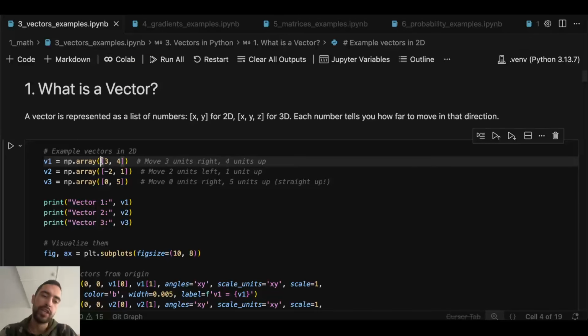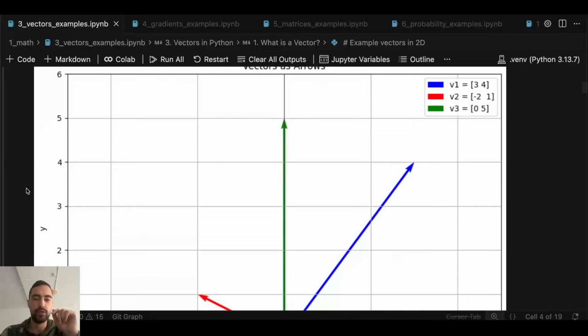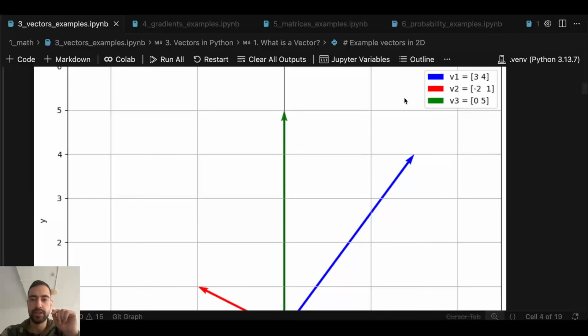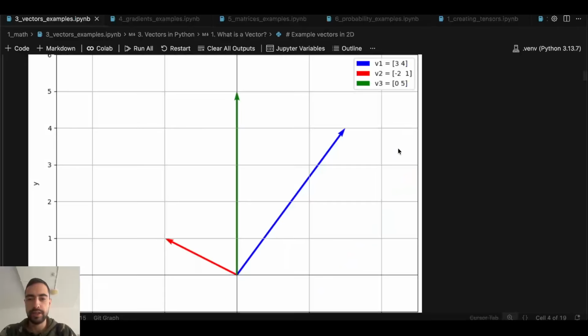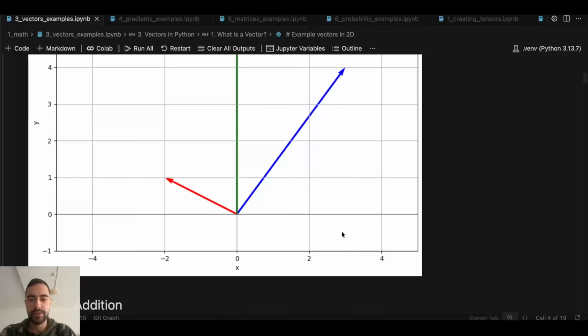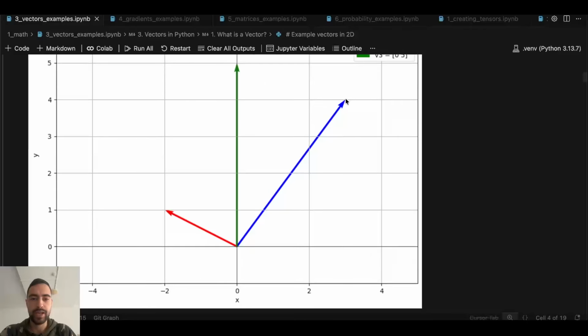An array of just 2 numbers in this case, 3 and 4. A vector can be an array of any amount of numbers. And we can also look at these numbers as coordinates on a coordinate system. So x is 3, y is 4. We can look at it this way if we want. In this blue example, x is 3, here 3, and y is 4.